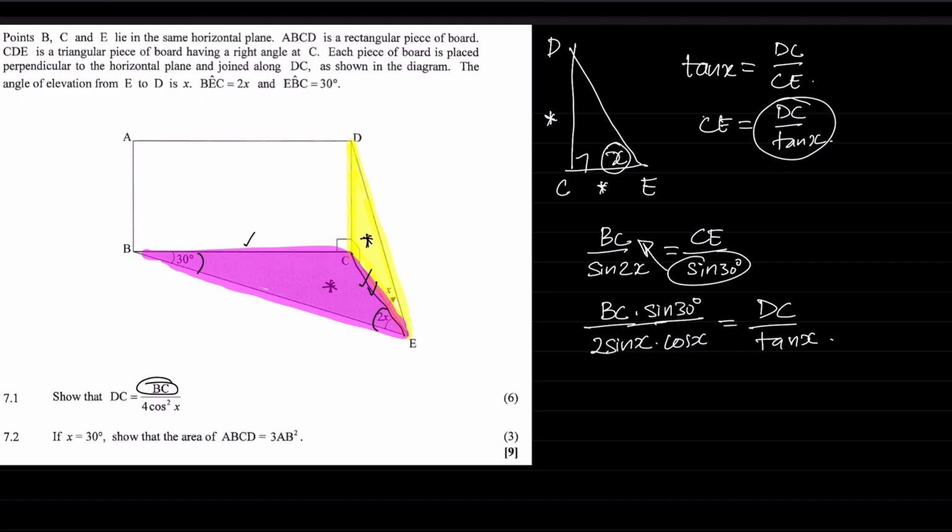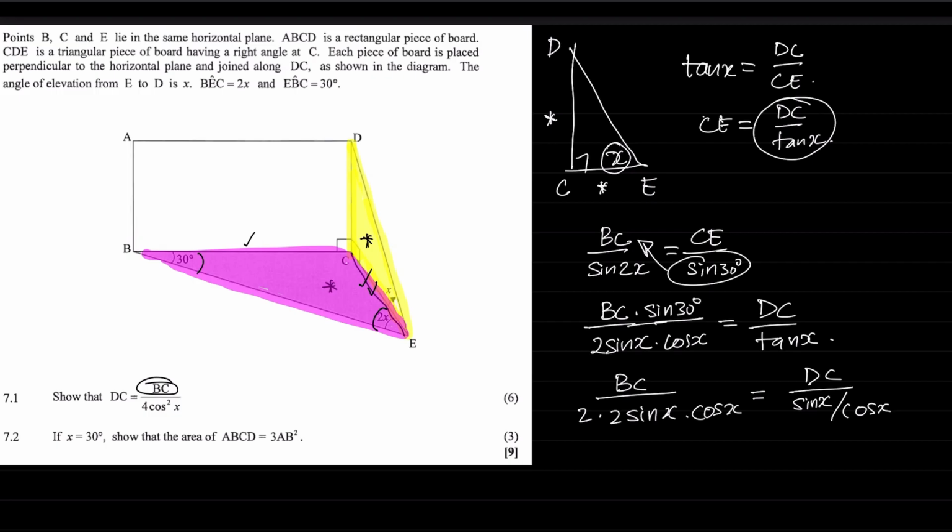Well, we know sine 30 is half. So BC divided by 2 and then times 2 sine x cos x. So remember, sine 30 is half. I just brought the 2 down to the denominator. And that's equal to DC divided by tan x, which is sine x over cos x. Right?